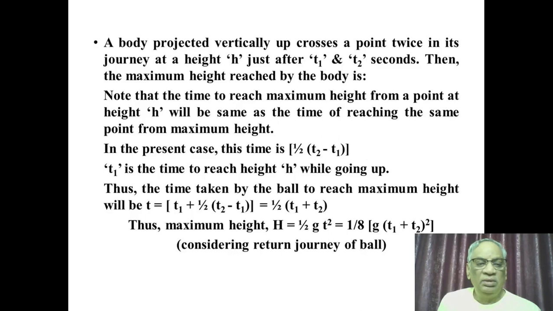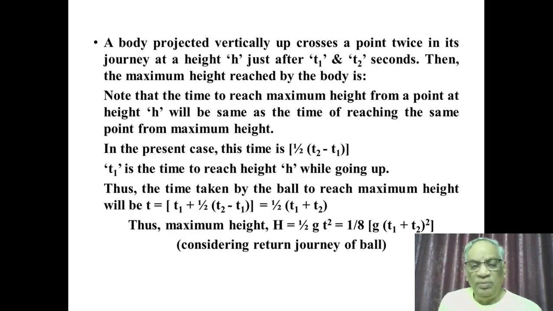Note that the time to reach maximum height from a point at height h will be the same as the time of reaching the same point again. Whether it is ground or observation point, the time of ascent and time of descent are the same in reaching the maximum height. So in the present case, this time will become half of t2 minus t1.